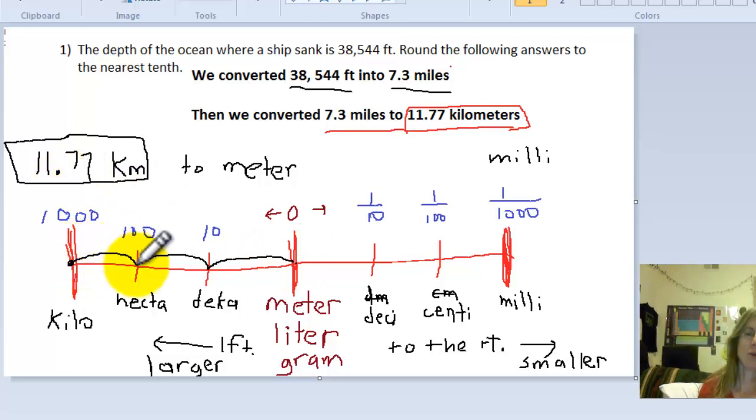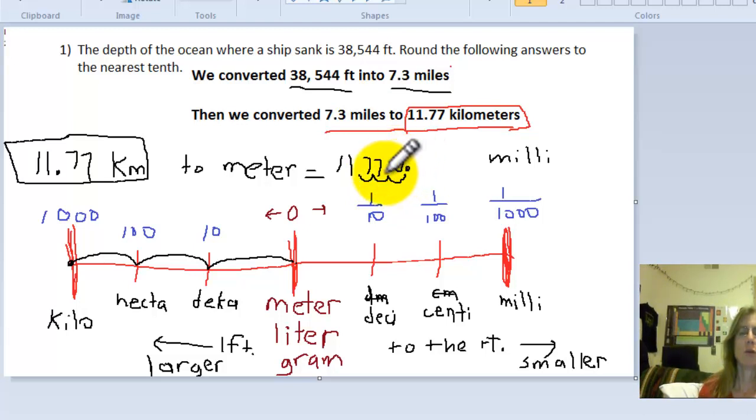We went 3 places to the right because we're going from larger to smaller. So when you're going to the right, you're getting smaller. Okay, so once we moved it, that will equal 11, and we'll put 7, 7. We're going to go 1, 2, and a third spot, so you have to add a 0.